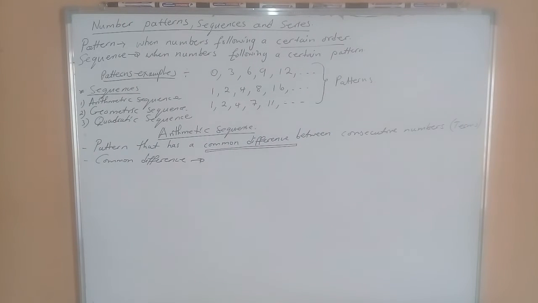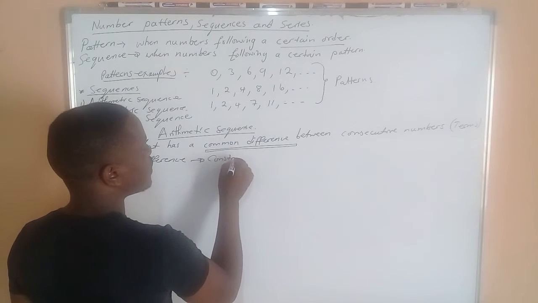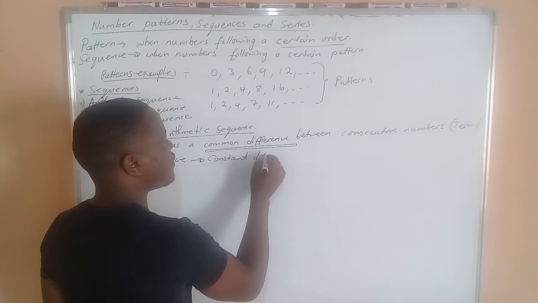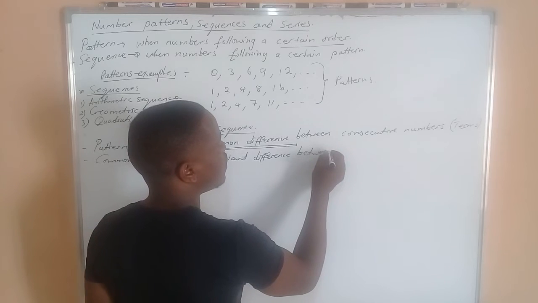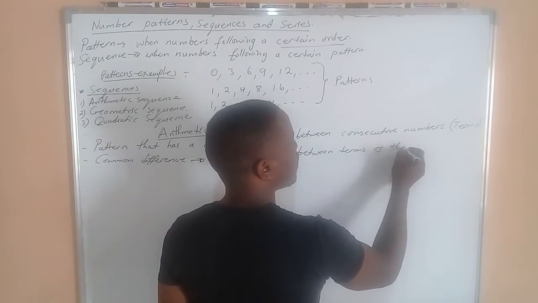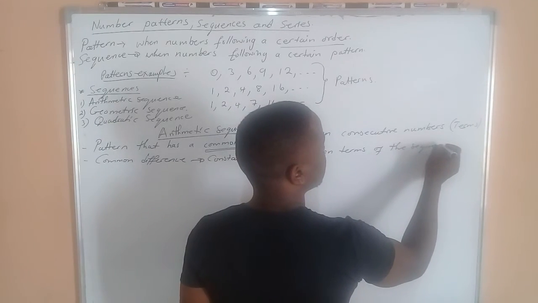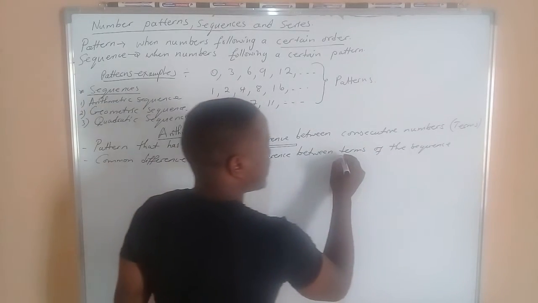A common difference is the difference between terms. A constant or equal difference between terms of the sequence.